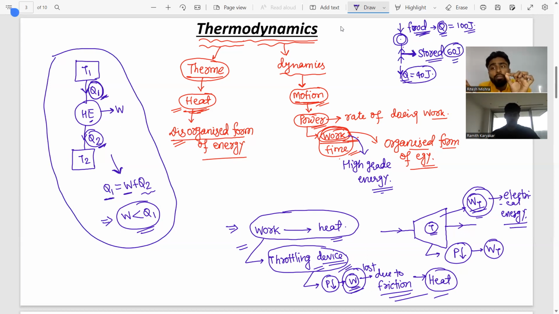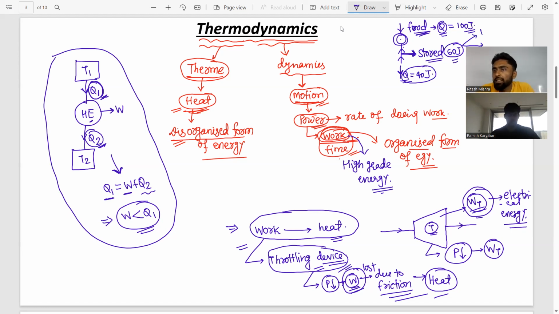This 60 joule of energy is utilized in two things. First thing is our internal energy increases. Internal energy means simply you can call the strength of our body. And the second thing is we do work from this energy.